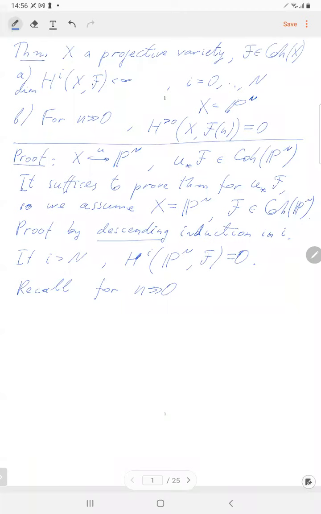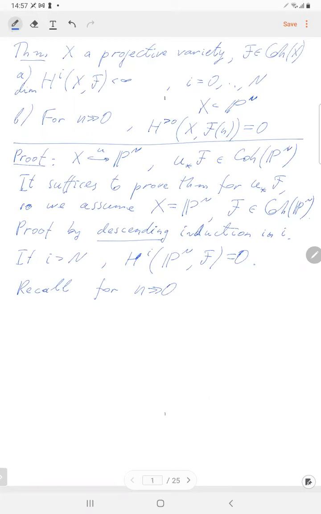And this was a resolution of any quasi-coherent sheaf, and this resolution had some bounded length. Namely, the length was equal to the number of open sets in our covering. And for example, for projective space P^N, it suffices to have N plus 1 affine open subsets, the standard cells, to cover the ambient projective space. And since the length of Czech complex is N, it cannot have cohomology in degrees higher than capital N.